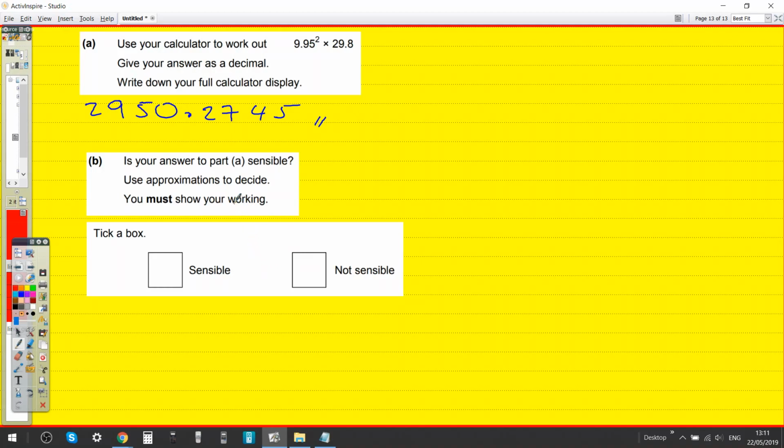Okay, that's just part used approximations. Don't know anything about approximations. To approximate, you round the working out to one significant figure.